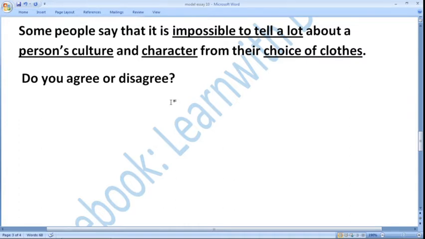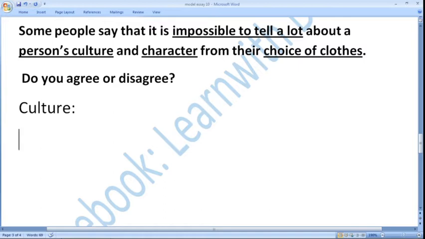Let us, there are two things, culture and character. Let us divide them. You can make a table as I have told you, and you can make a list. First of all, we would talk about culture. Can you tell about someone's culture by the clothes that he or she is wearing?